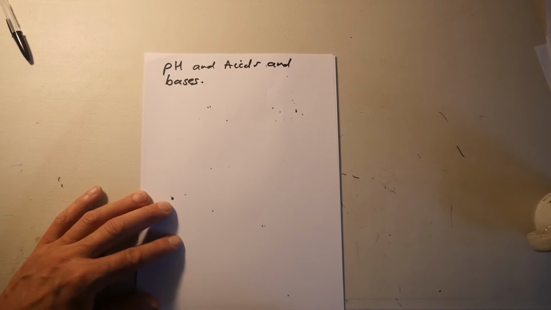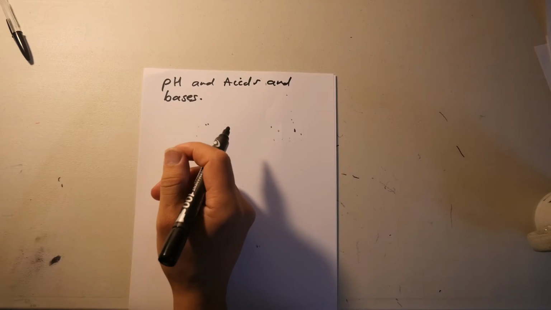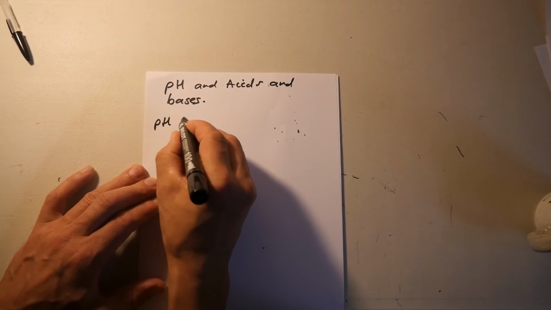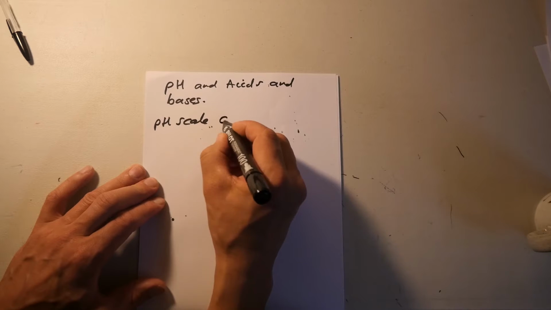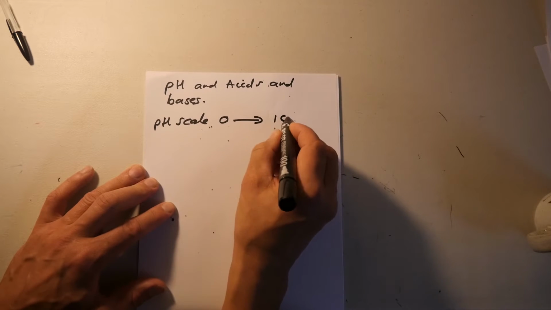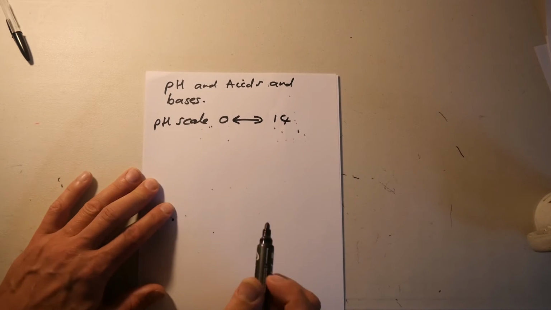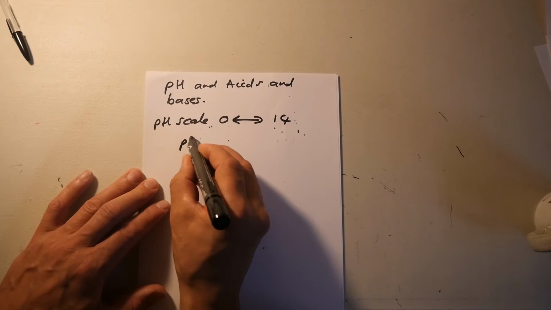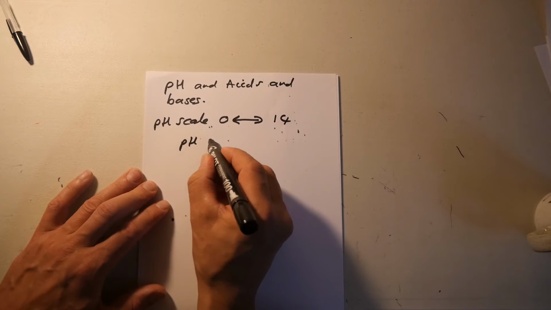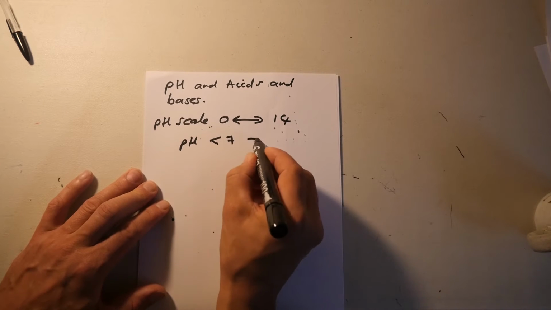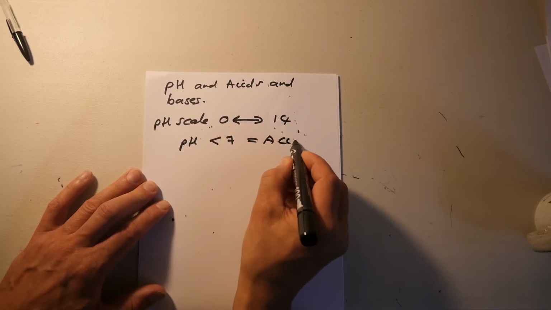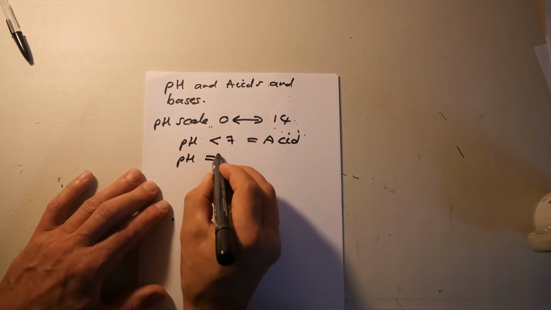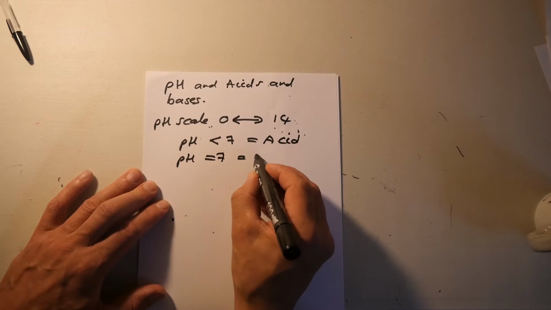So pH and acids and bases, okay? The pH scale is 0 to 14, okay? A pH of less than 7 equals acid, okay? pH equals 7 equals neutral.